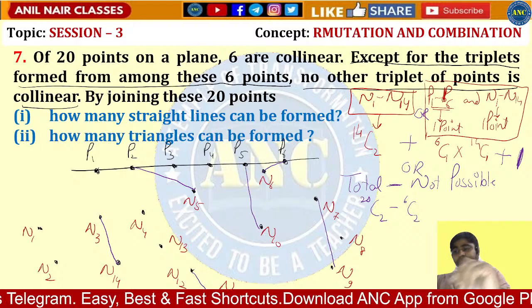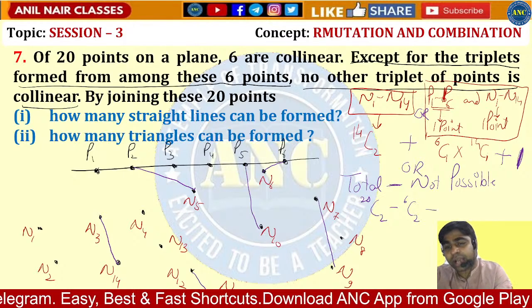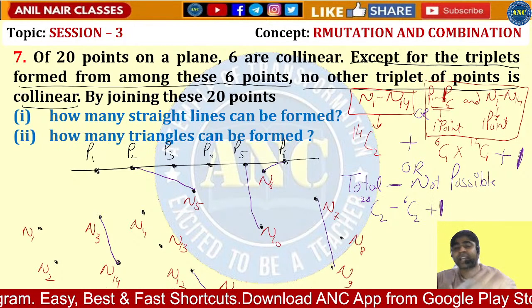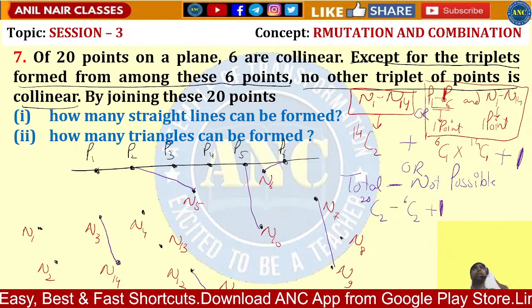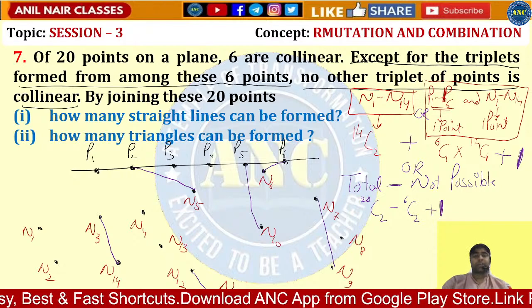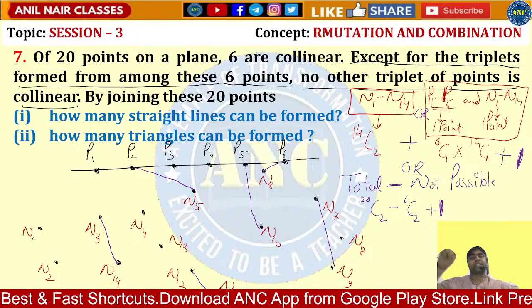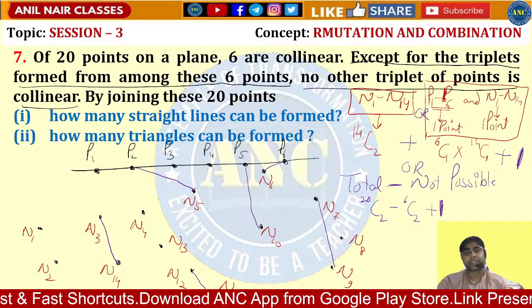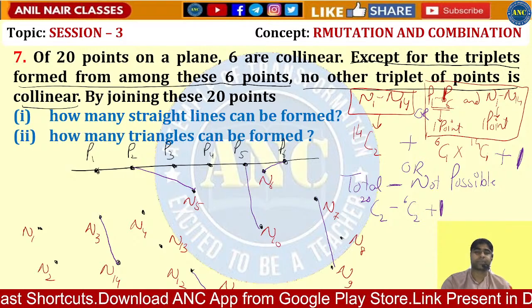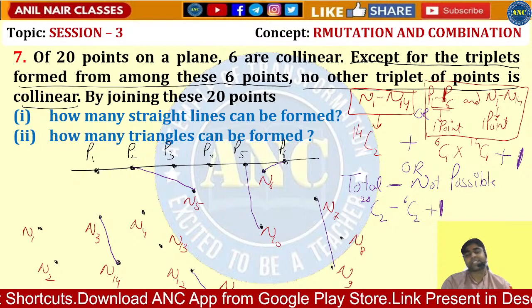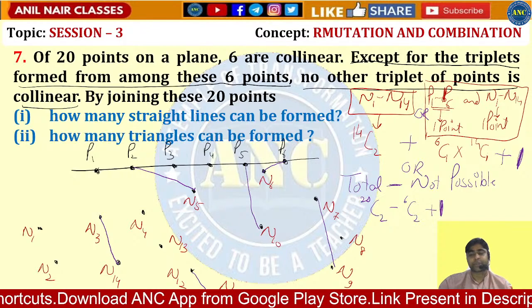But in that case also, I have to have one line for sure. Why? Because that one line which is formed from P1 to P6 is supposed to be taken. So 20C2 minus 6C2 plus 1 is my answer. I hope I was able to make sense to you. How to solve 20C2?